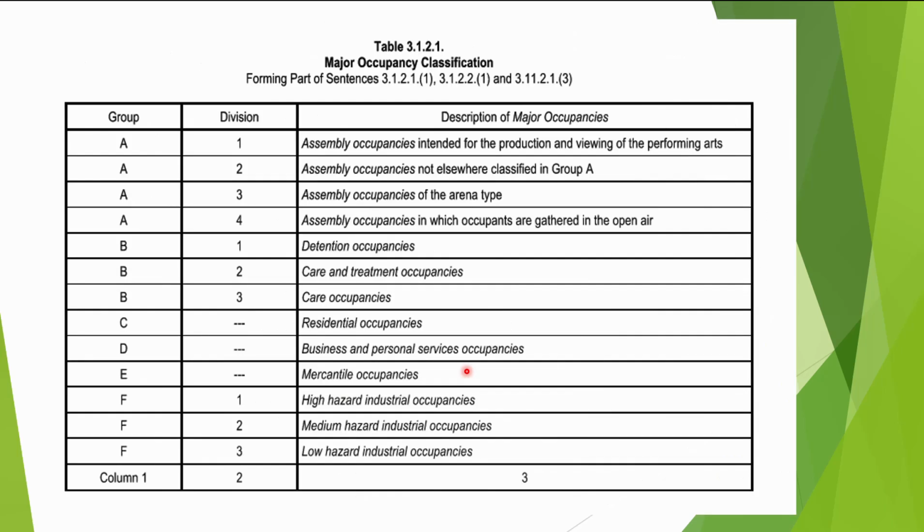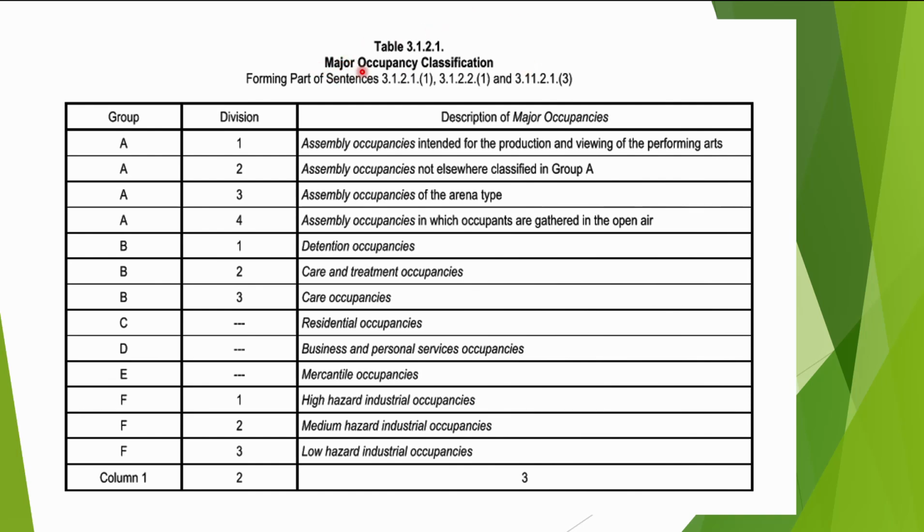Now, in the Ontario Building Code, if you turn to Table 3.1.2.1, you will see major occupancy classification. Because these occupancies are at risk of a fire, they're all divided into different groups.